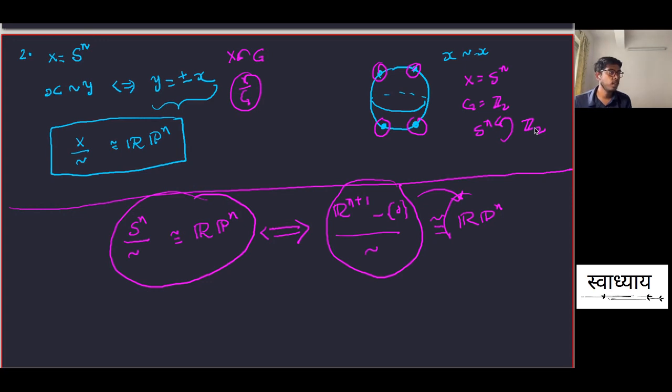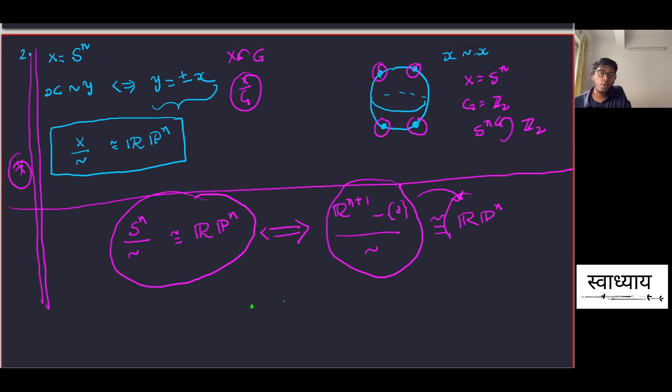So this is the real projective plane, and similarly I can define the complex projective plane, but I'll not go into that. Let's stick to the real projective plane only. Okay. So now just to give you some topological properties.